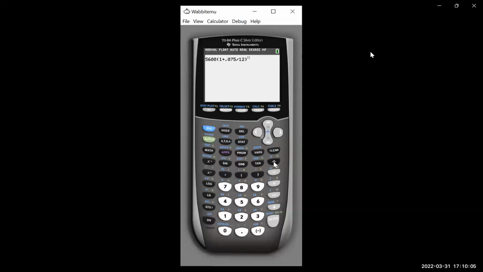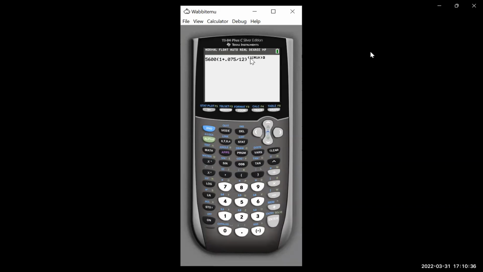Depending on your calculator, some of you might have a different calculator that might be like y to the x power. So for me this is the exponent button, and then you want to do 12 times 10, but it might be a good idea to put parentheses around the exponent, just so that your calculator knows that the 12 and the 10 have to be inside the exponent.